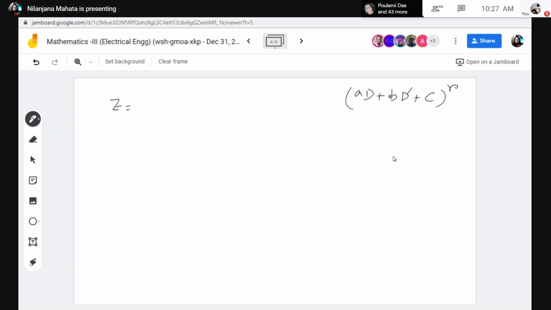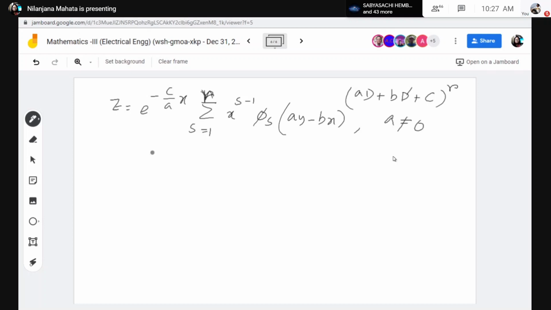Then the solutions of these will be, this is repeated 8 times, so this will be R x to the power. You remember in ODE we have multiplied by x here also, and ay minus bx, a naught is equal to 0.